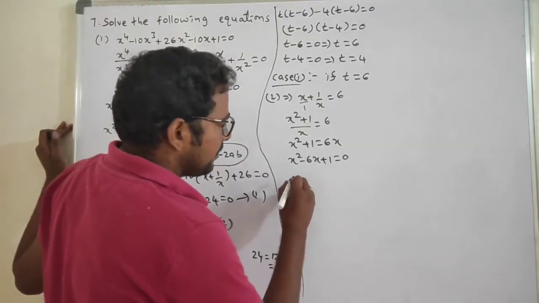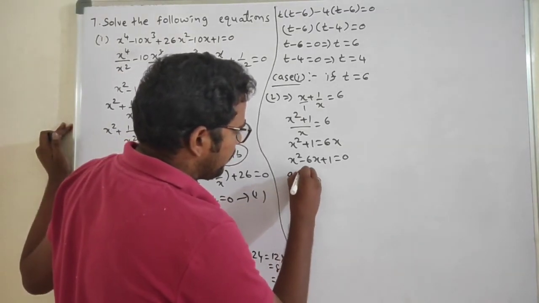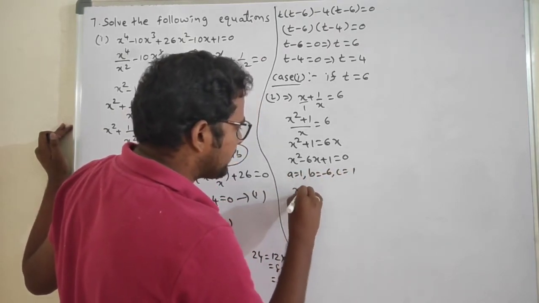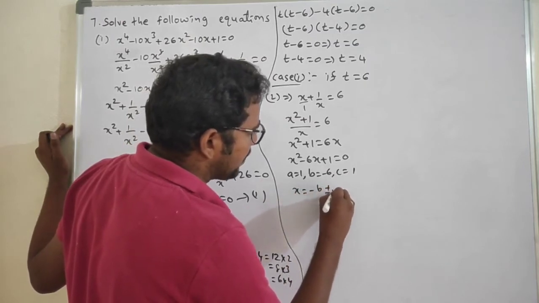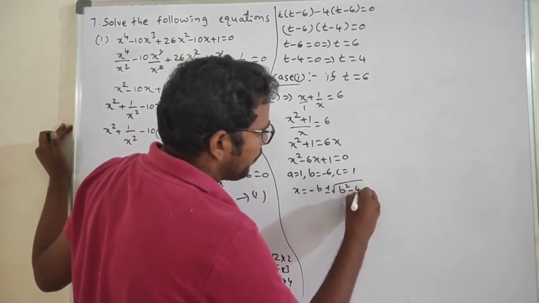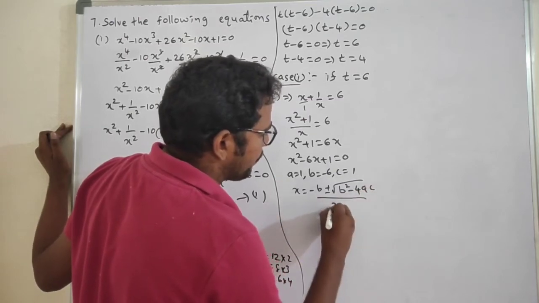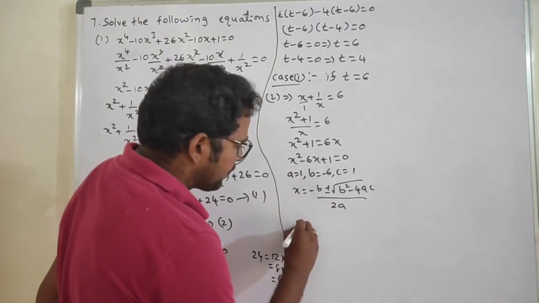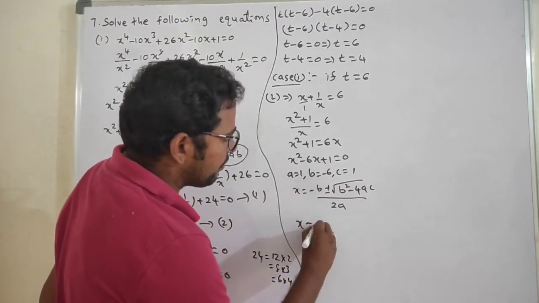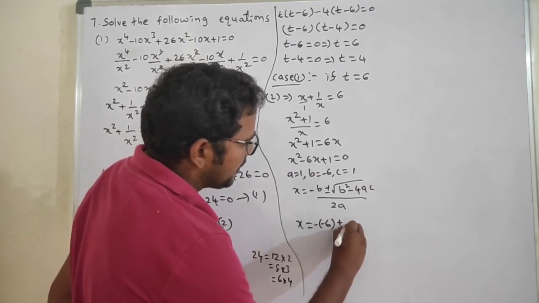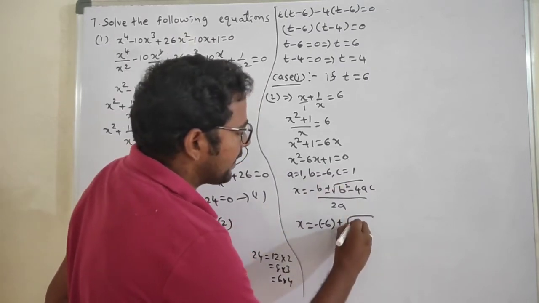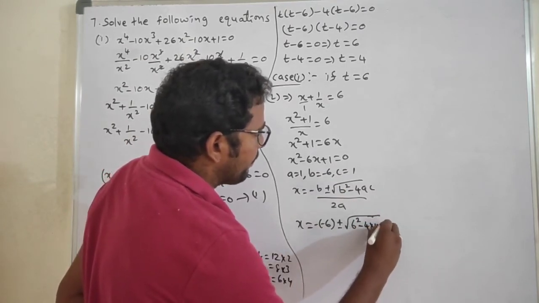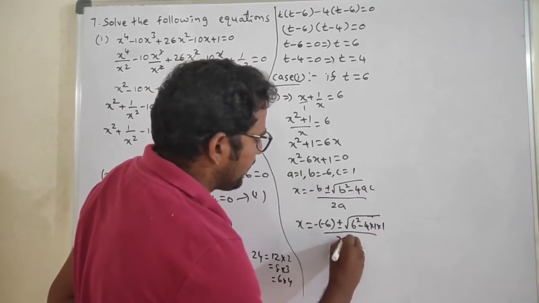How do we solve this? We know a equals 1, b is equal to minus 6, c is equal to 1. By using the formula x is equal to minus b plus or minus under root of b square minus 4ac by 2a. Let's solve with this formula. Substitute: x is equal to minus of minus 6 plus or minus under root of 6 square minus 4 into 1 into 1, by 2 into 1.